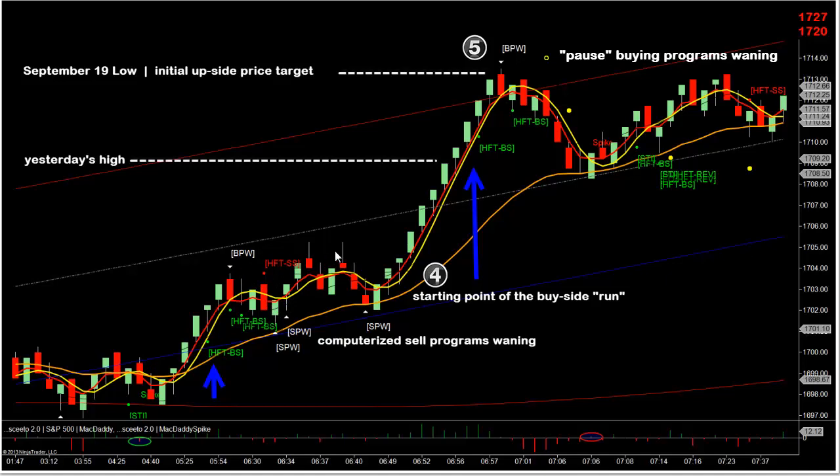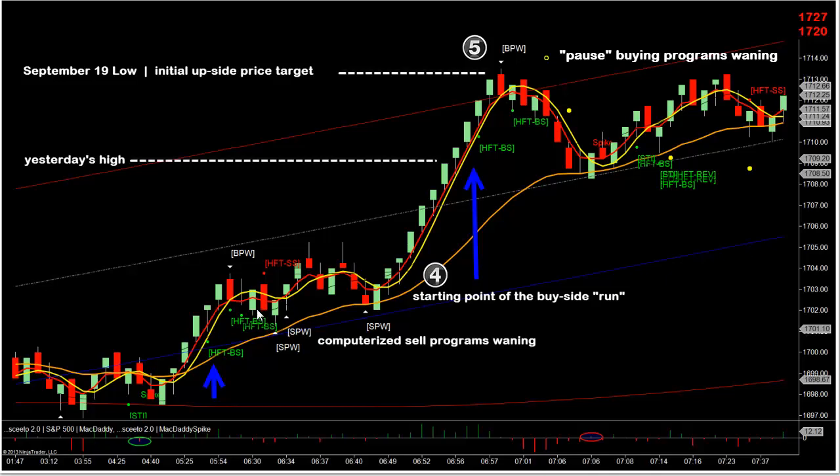The pattern that you see here, where the market auctions up 2 points, pulls back 2 points, auctions up 2 points, pulls back 2 points, is the standard pattern of the high-frequency electronic market maker.